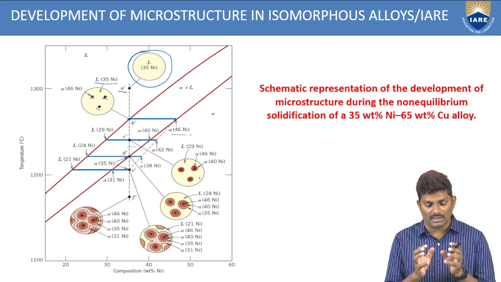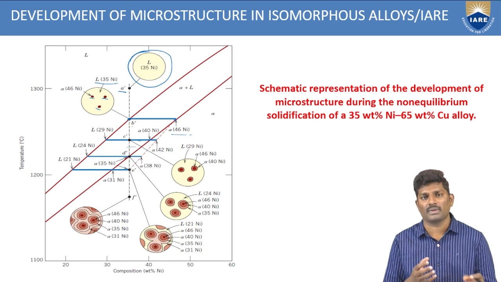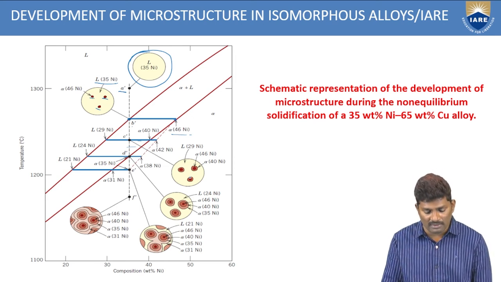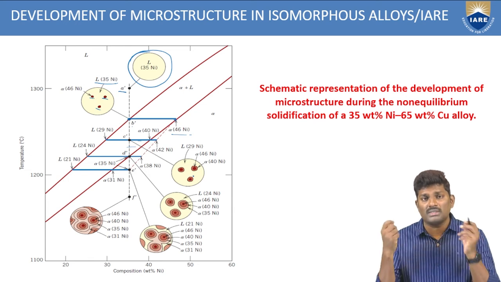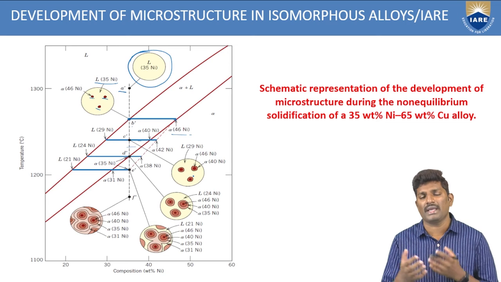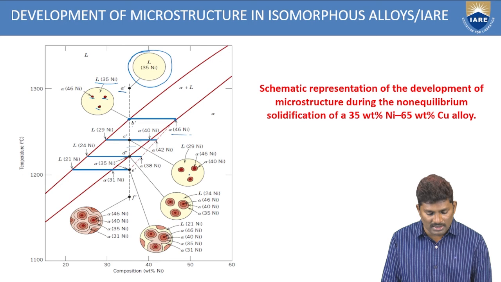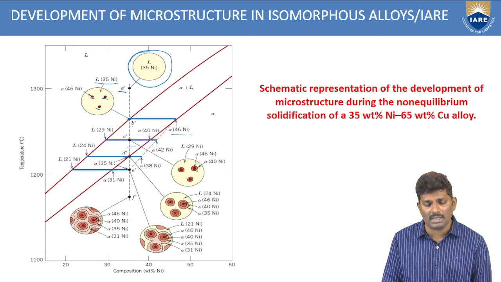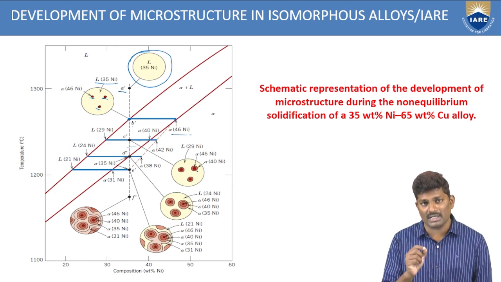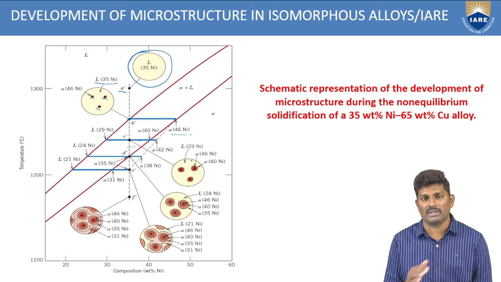The dark represents, since it is rapid cooling, the solid formation happening very quickly at this point, but towards the surroundings you are not getting that much complete solidification. Since it is rapid, it takes some time to cool or become solid. That's why here 46% of nickel is of solid nature and 40% of nickel is also solid, but not that much solid. That's why there is some change in the color, and the remaining is 29% of nickel, which is in the form of a liquid.